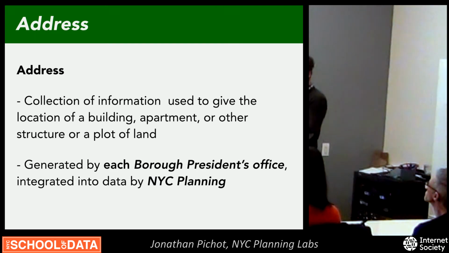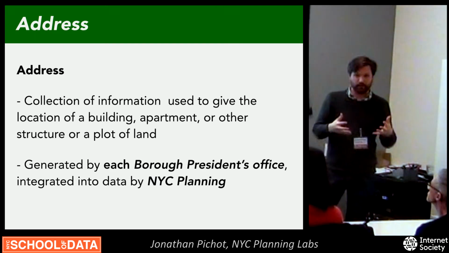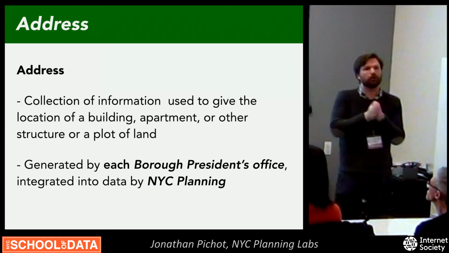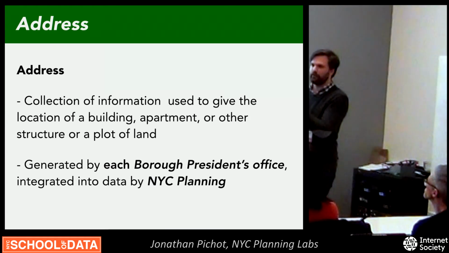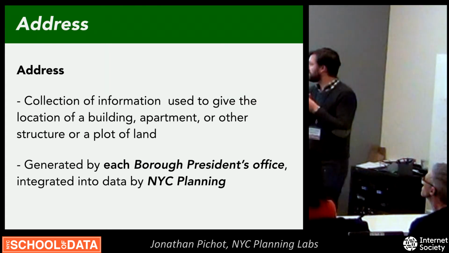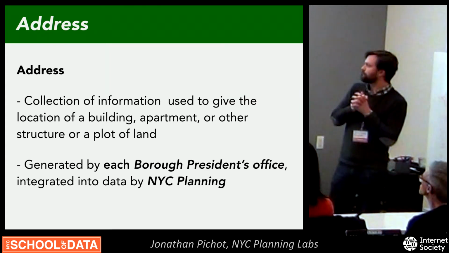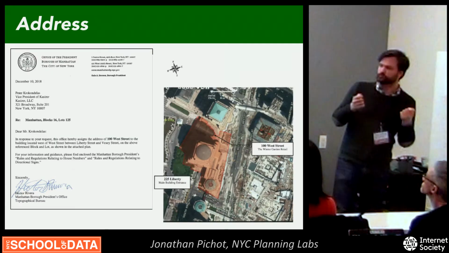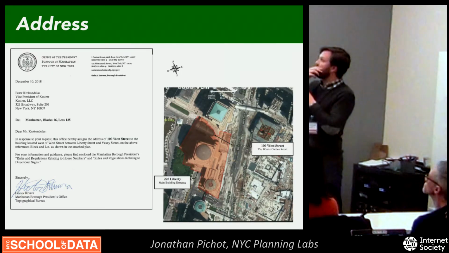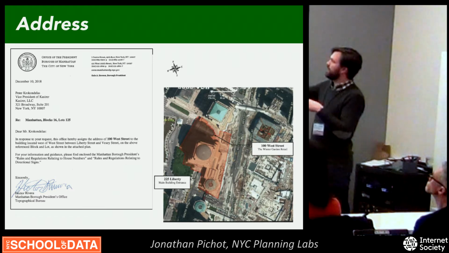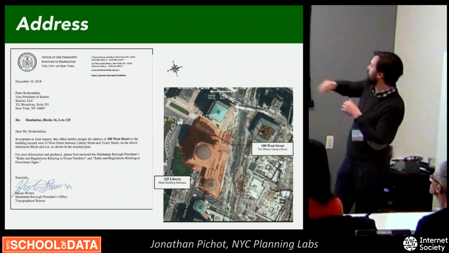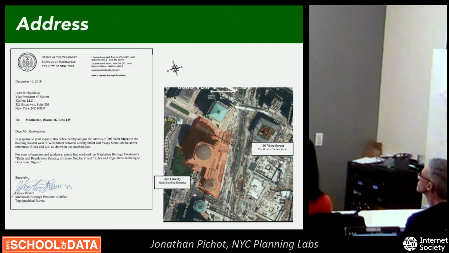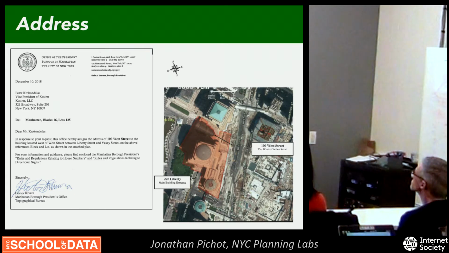Now, how are addresses created? How do we generate more of them? Actually, addresses are maintained by each borough president's office. There's a topographic office in each of those borough offices, and they send us letters. This is a letter from the Manhattan Borough Office saying that 100 West Street, near the World Trade Center, is for a building located between West and Liberty Street and University, et cetera.